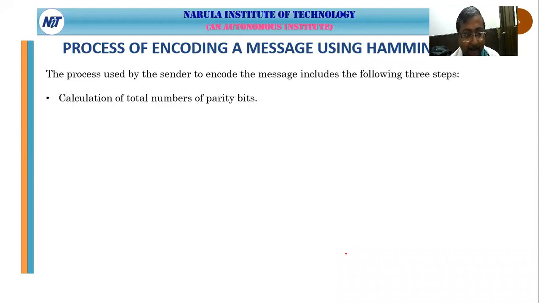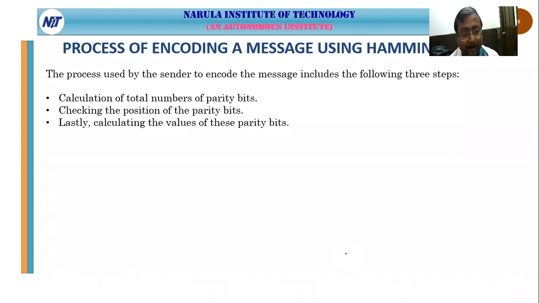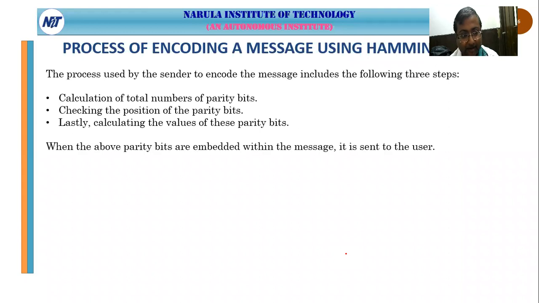Number 1 is calculation of the total number of parity bits: how many parity bits should be added? Then checking the positions of the parity bits. I already told you, 2 to the power of n positions. Lastly, calculating the value of these parity bits. When the above parity bits are embedded within the message, it is sent to the user.